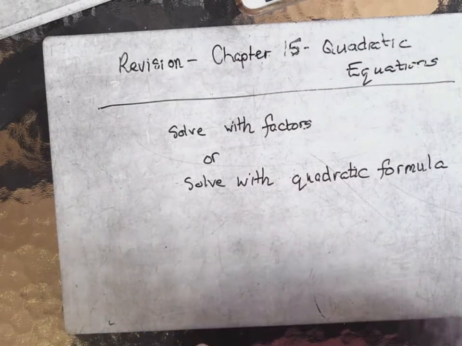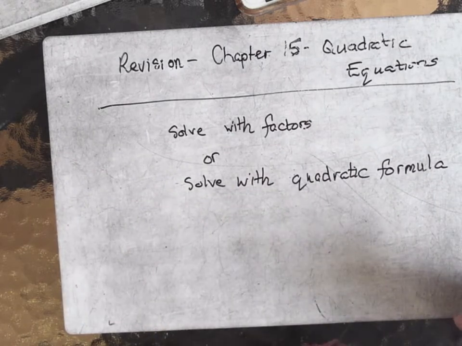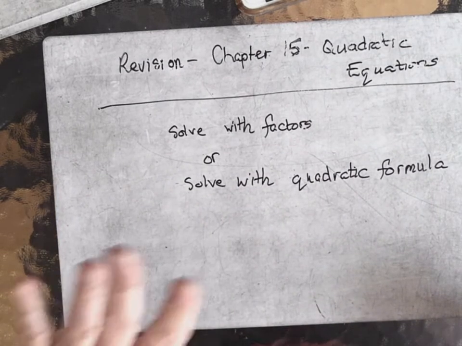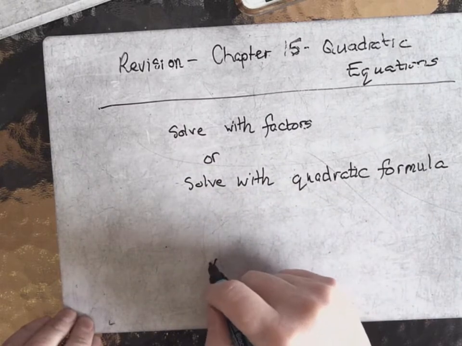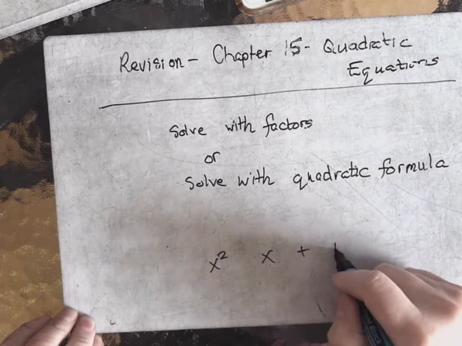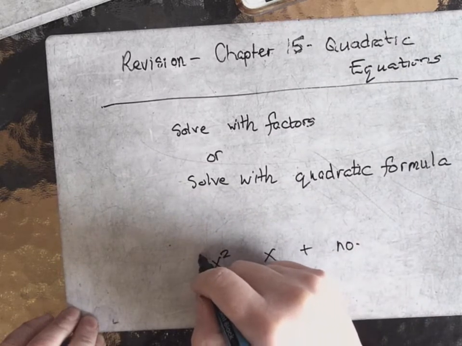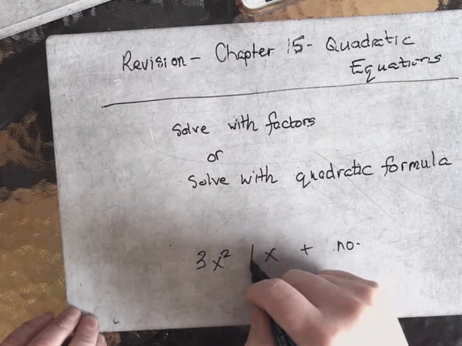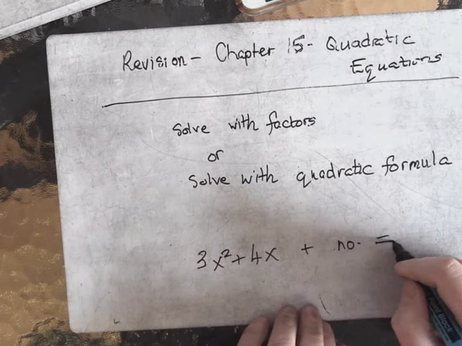Okay guys, this is revision of chapter 15, which is quadratic equations, right? Just so we know before I start, a quadratic equation has an x squared term, then it has an x term, and then it has a number, okay? So it's got something x squared, so maybe 3x squared, plus a 4x plus a number equal to 0.